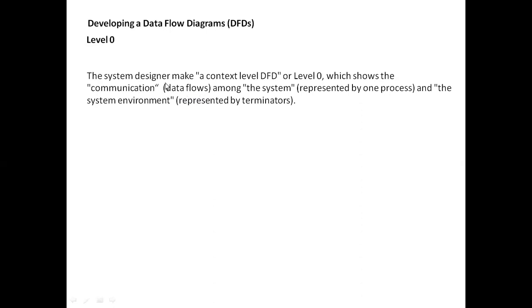The system designer makes a context level DFD, or level 0 DFD, which shows communication among the system and the system environment. It just shows the communication between two different entities or two related inputs and outputs.